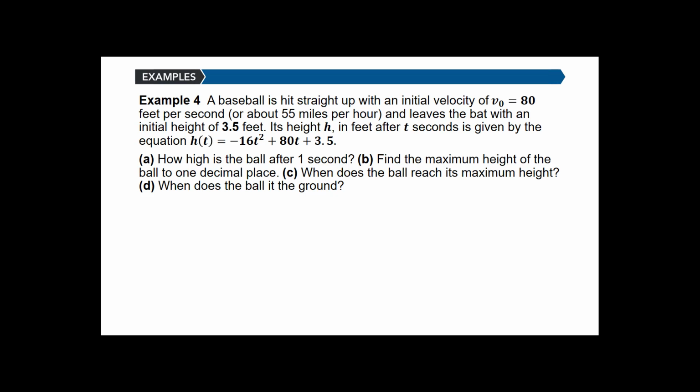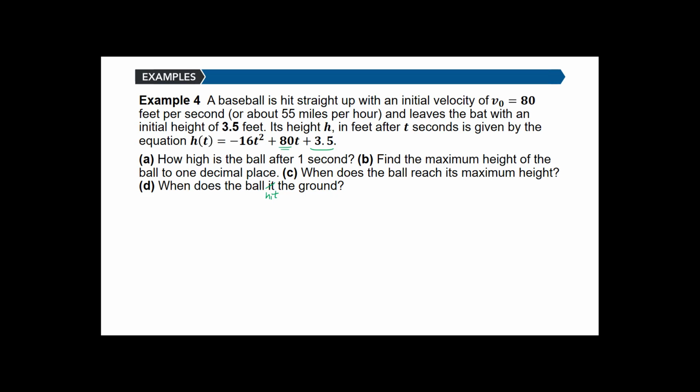So notice that the initial height is 3.5, which was that constant term. The initial velocity of 80 is that coefficient of t. And we want to find how high is the ball after 1 second. Find the maximum height of the ball to 1 decimal place. When does the ball reach its maximum height? And when does the ball hit the ground?